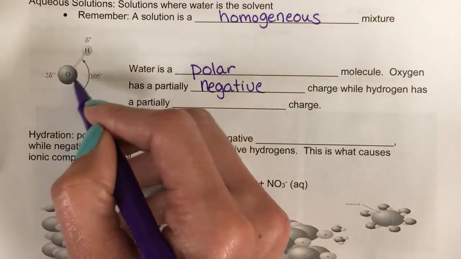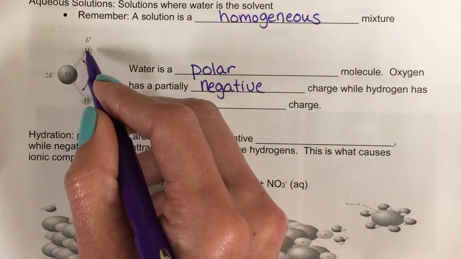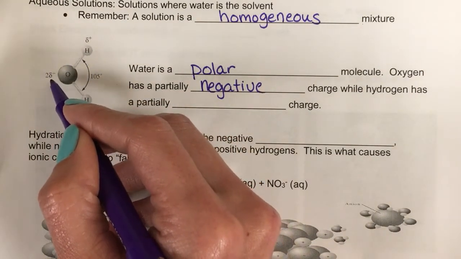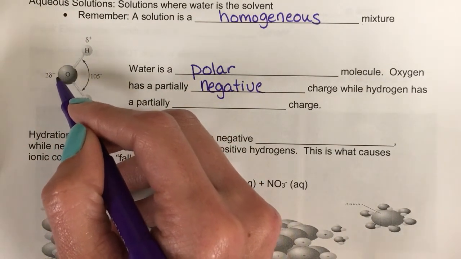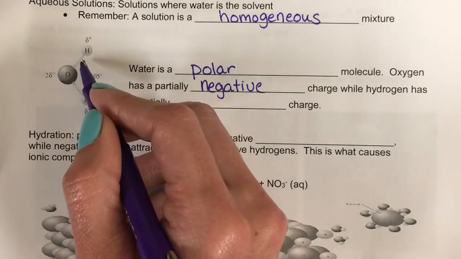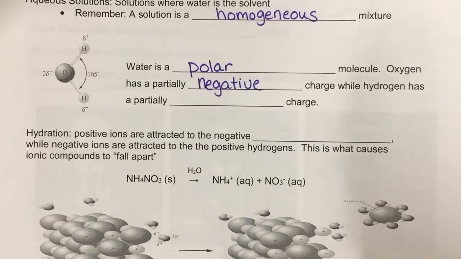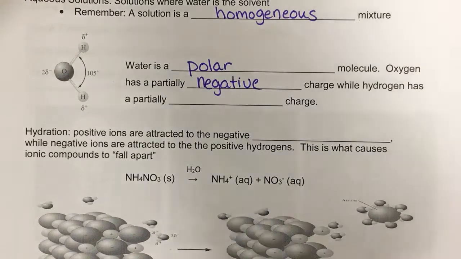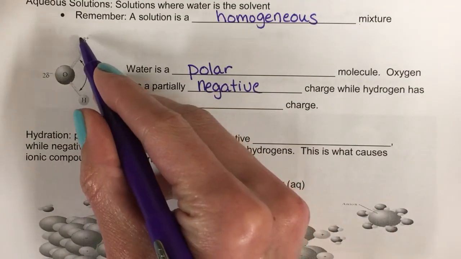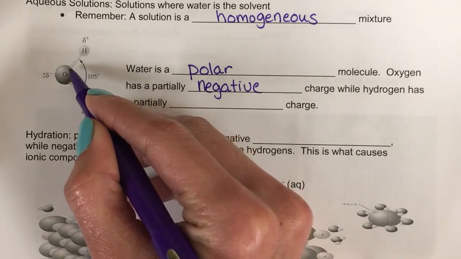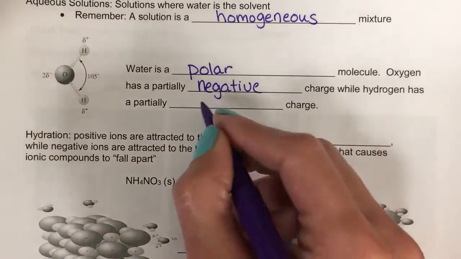And so it has ownership of more of the electrons than hydrogen in the shared bond. So it's partially negative, not completely negative, because it's still sharing those electrons. It's just sharing those electrons unequally. So oxygen is partially negative, hydrogen is partially positive, because it's getting those electrons pulled away from it, okay?